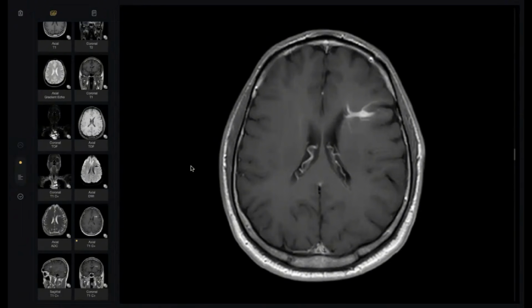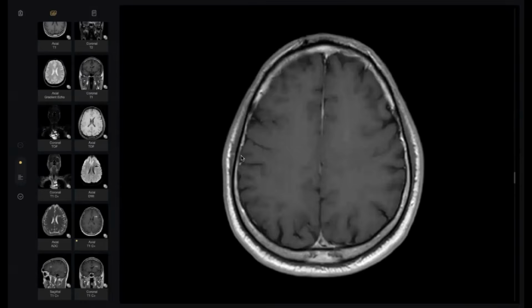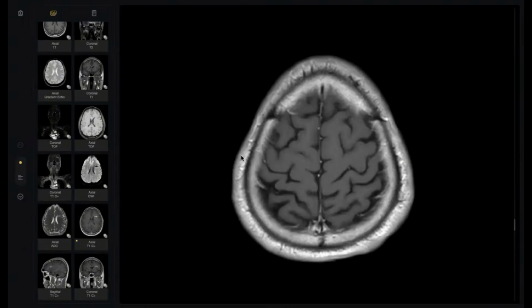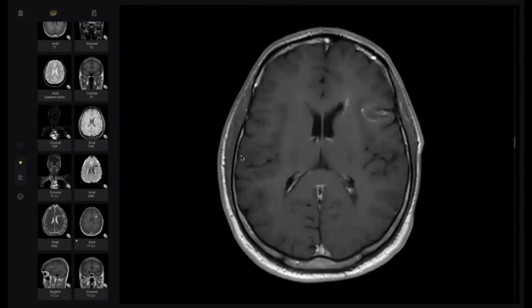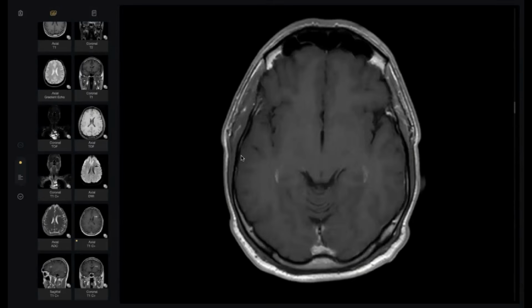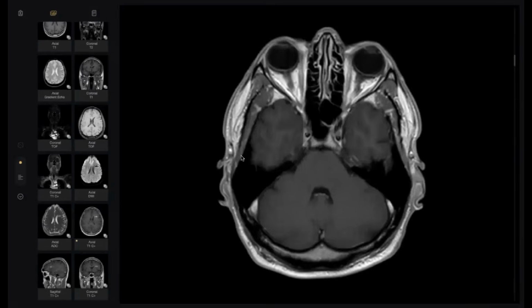What is your next step? Sir, I would like to see the gradient susceptibility imaging to rule out any presence of cavernoma or bleed. Further, I would refer this patient to a neurosurgical team for further management.